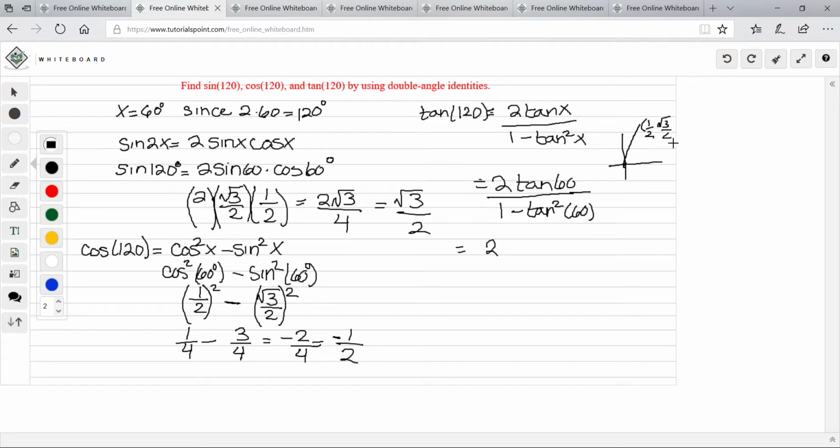This is your x and this is your y. So tangent is y over x, so for 60 degrees, y is √3/2 over 1/2. And then I'm not going to simplify, I'm going to later on. So 1 minus tangent square.